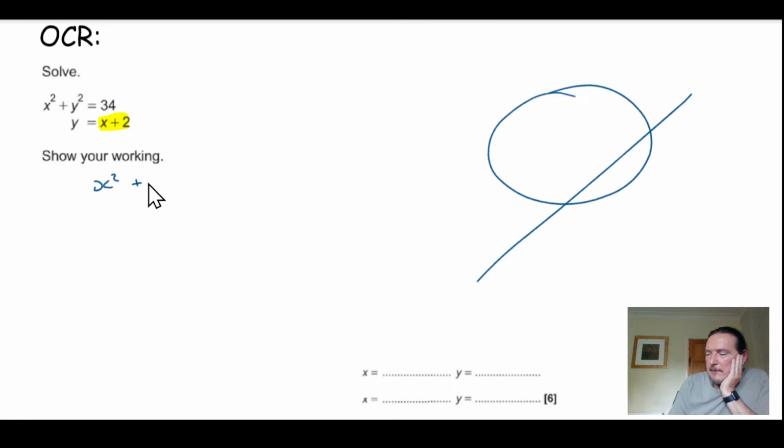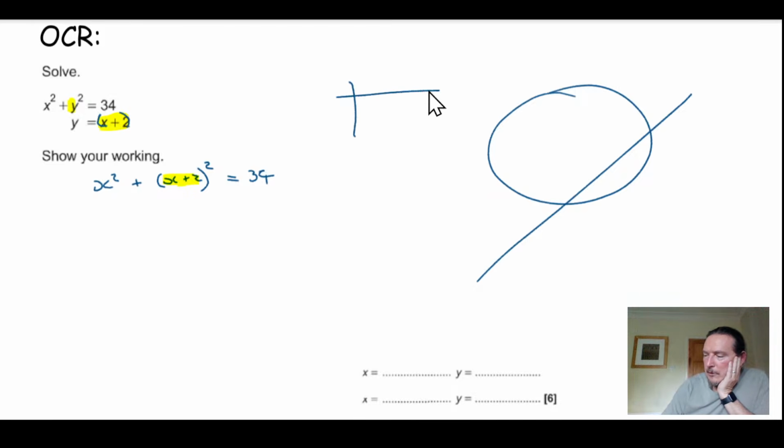So x squared plus, rather than y squared, I'm gonna write that down instead. So x plus 2 all squared. So replaced the y part of the y squared there with the value of y in the second function. Okay, and then that's equal to 34. So then I'm going to multiply out those brackets.